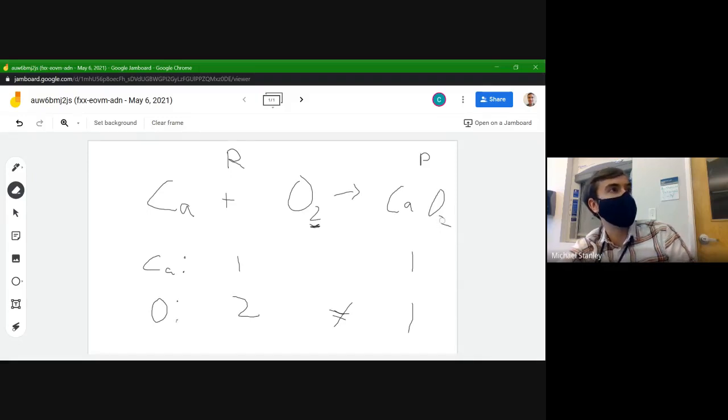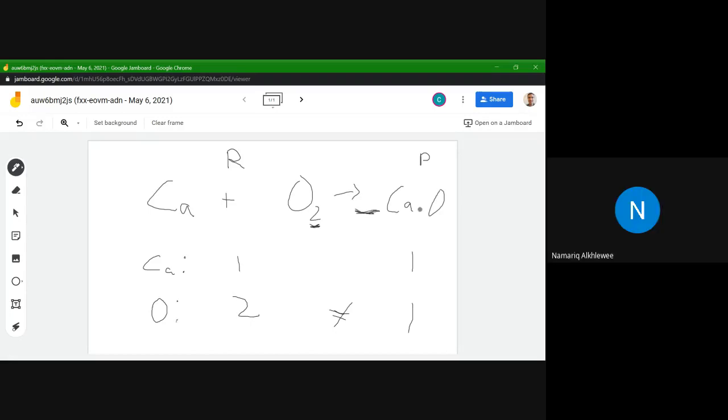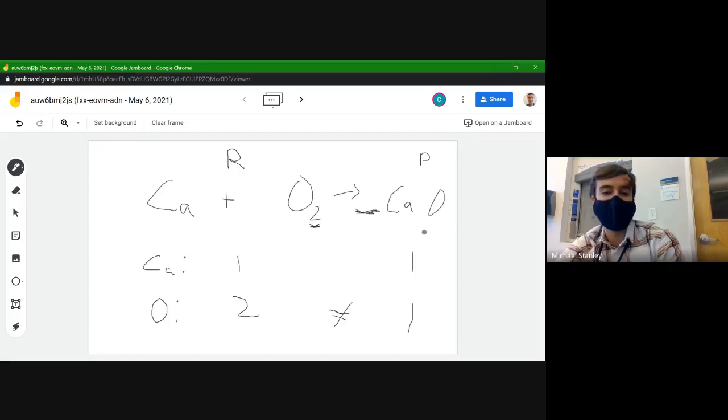But we can do something with the coefficient out here in front of the atom. So what could we put there that would make this O be a 2?